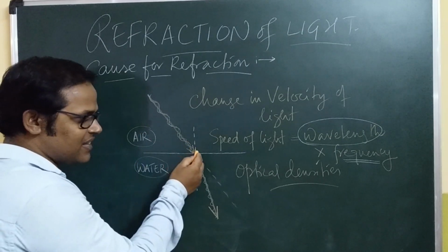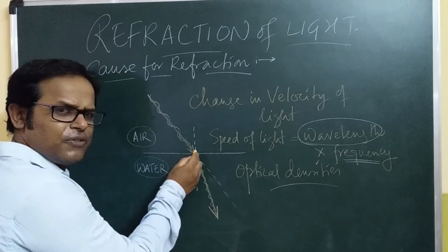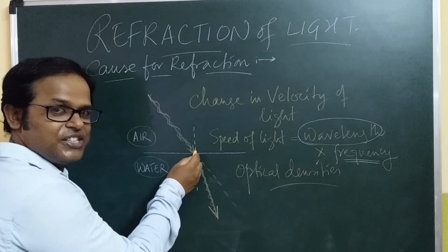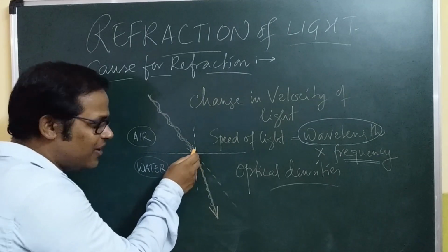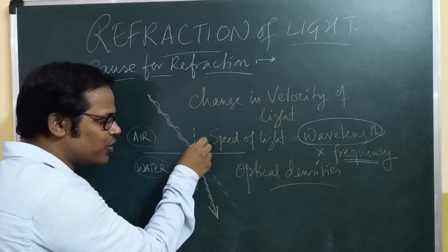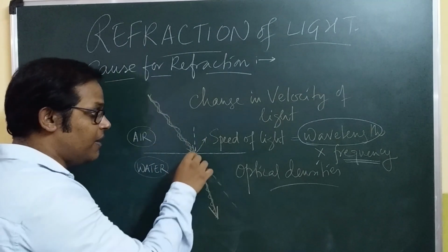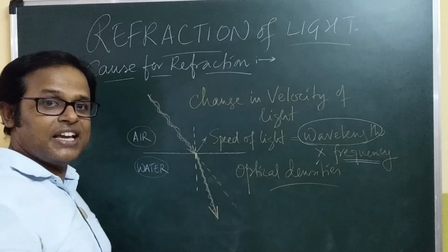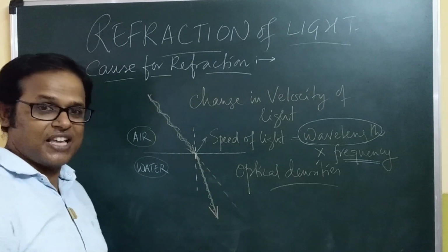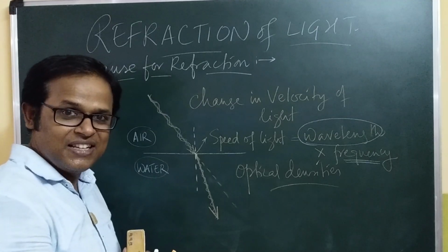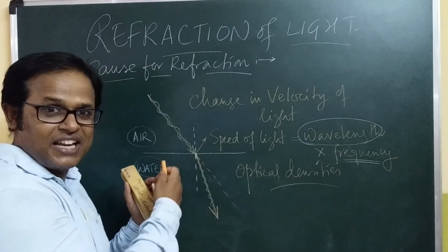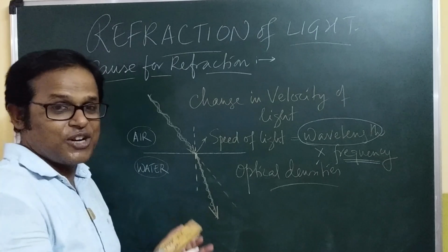But as it strikes at the interface, some bit of its energy is getting absorbed, and some getting slightly reflected off, as I showed you in the first part of this video, and a major amount of energy is getting transmitted through. So there is absorbance as well as transmittance.